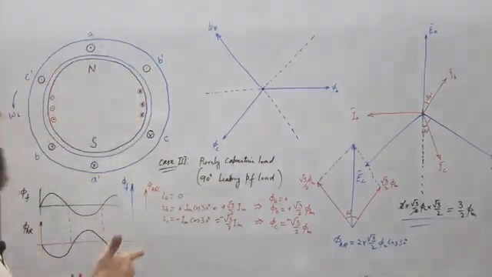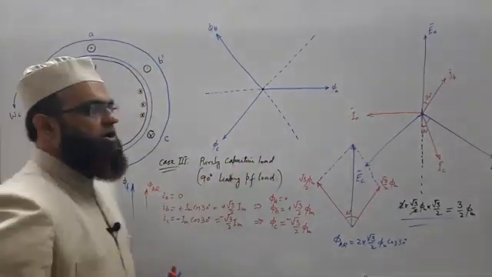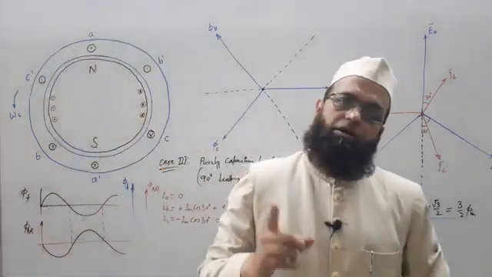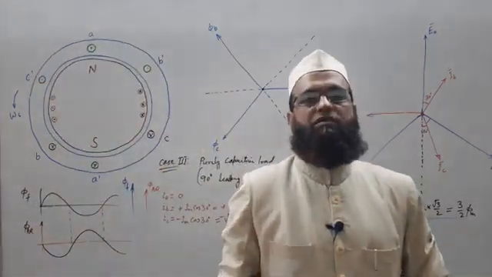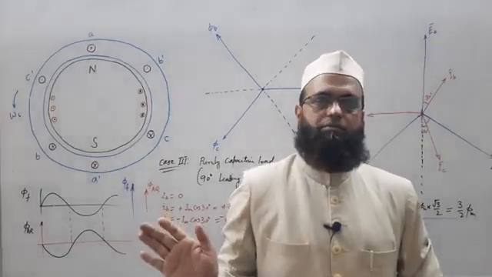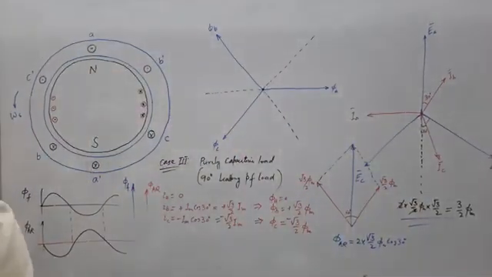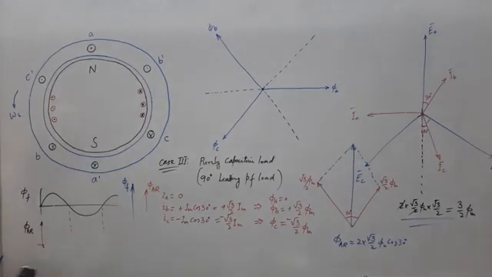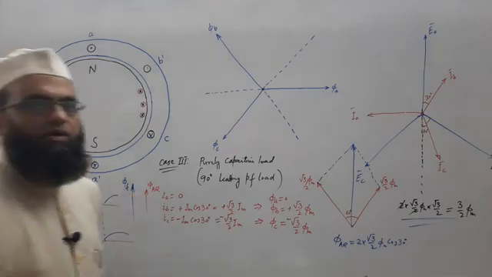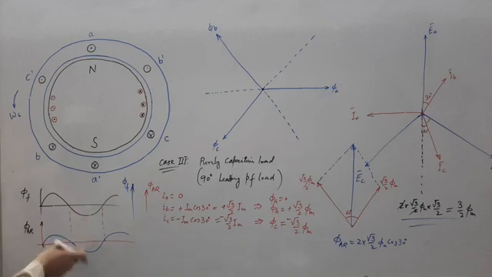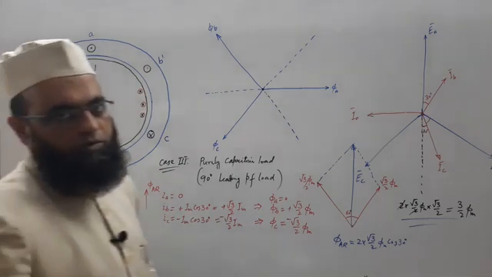It means in this case of 90 degree leading power factor load, it is helping the main field flux every moment. So graphically, if this is phi f and you want to show phi AR, it will be in the same phase, so helping.